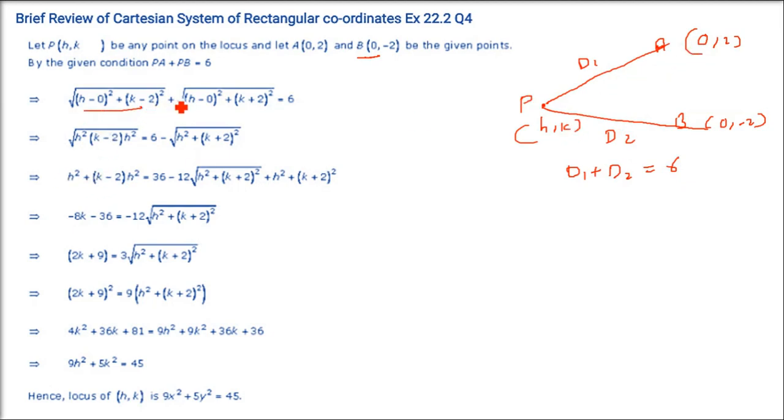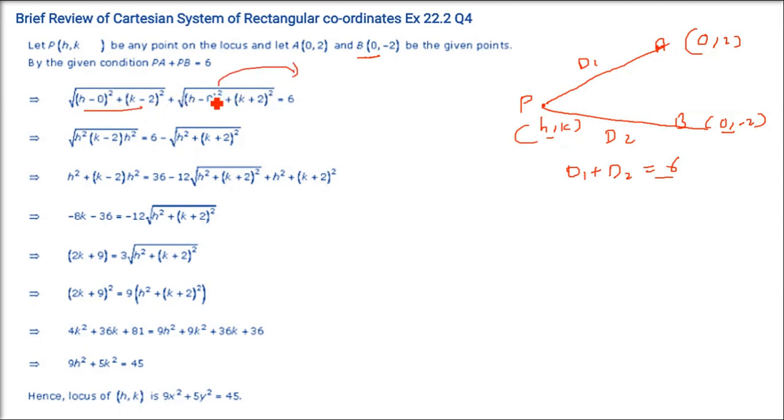So let us use the distance formula. We already know h minus 0 whole square plus k minus 2 whole square, and then the second distance also, h minus 0 whole square plus k plus 2 whole square. And now you have to take one of the roots on the right hand side.